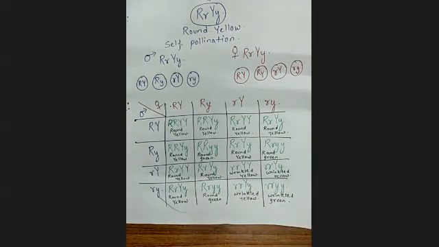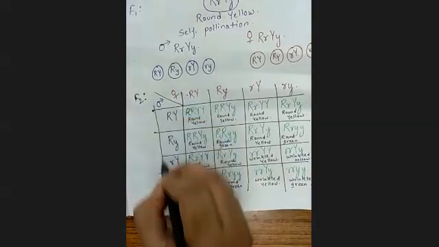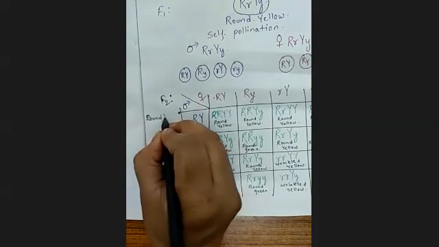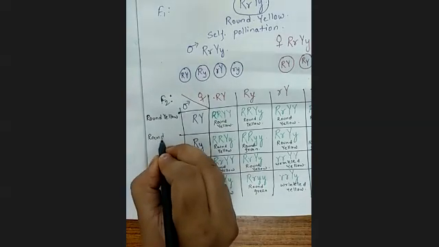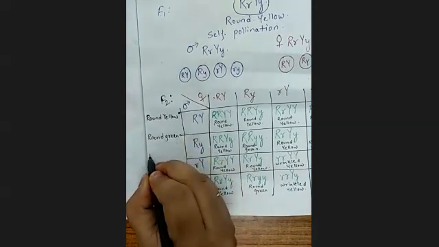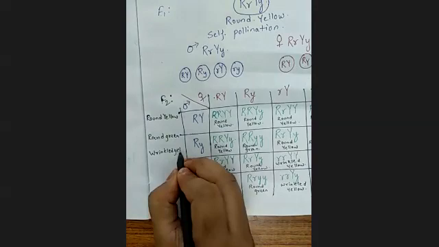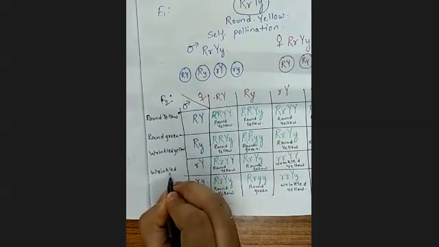This is how he got the variation in the second generation when he was observing two characters simultaneously. So what type of combination was he obtaining at that time? He got one combination as round yellow, one as round and green, one as wrinkled yellow, and one as wrinkled green.